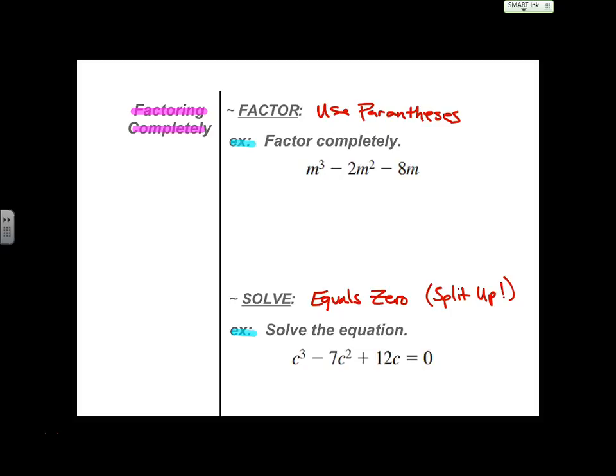Wait, what are we trying to do? We do positive on the outside or negative? Well, I see the last term is negative, so the signs must change. But hold on, before we do that, what did you guys factor out that was in common? Good. Did you guys get m squared minus 2m minus 8 as what was left? Okay, good. Double check. There was only one m that was shared, so I took away 1 from that, and took away 1 from that.